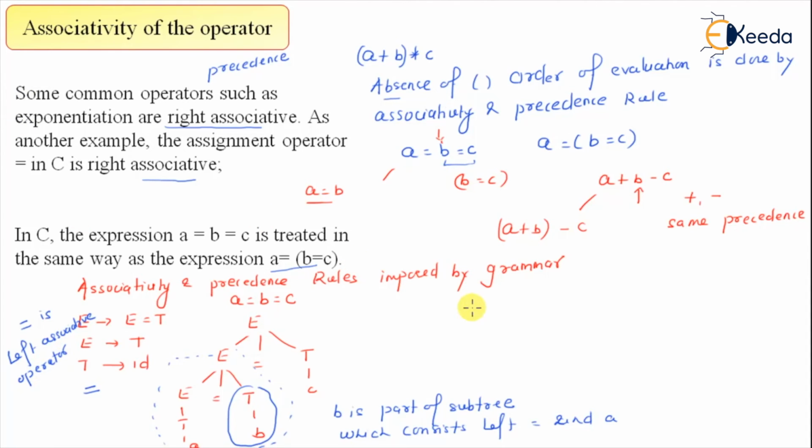Similarly, if I change the grammar and write here E derives T plus E, and again E derives T, and T derives ID, and one more time E derives T plus E, and E to T and T to ID. So this will be your ID, and this will be your ID.